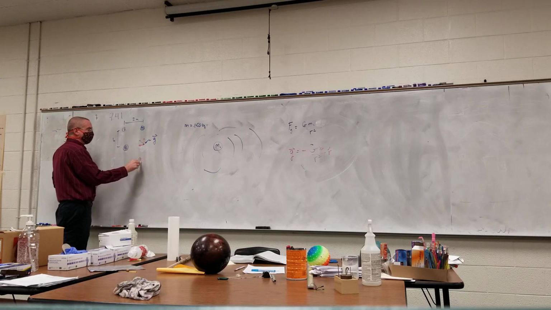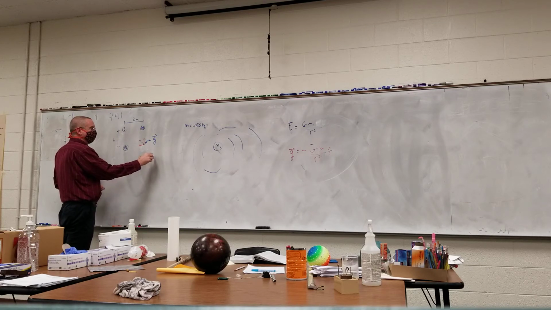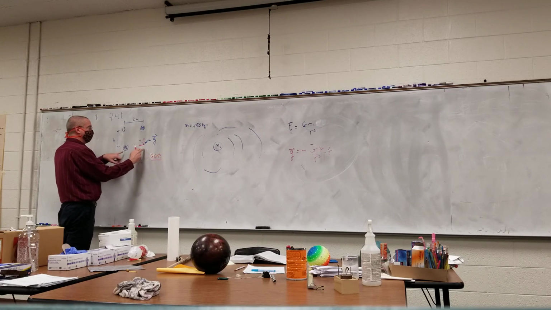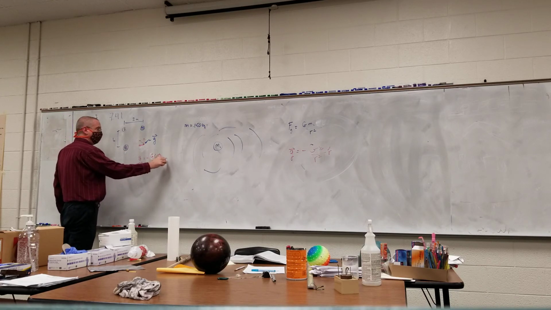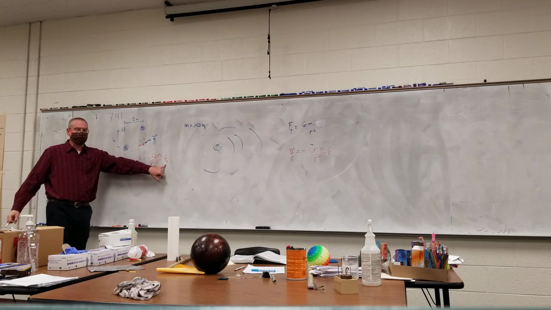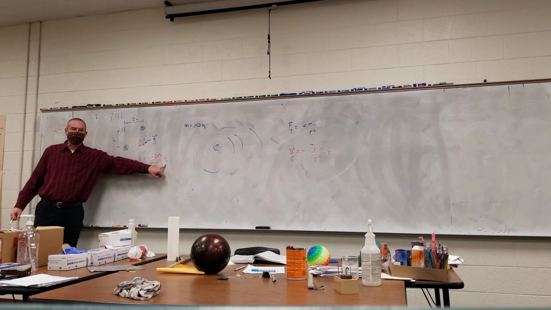So the gravitational field from mass 8, negative, we'll just stick the number in here, G times 0.15, divided by that distance there, which is 2 squared, pointing towards ball number 8.